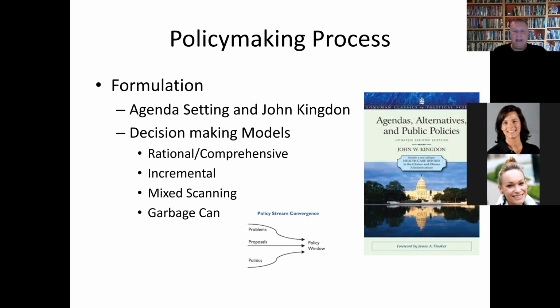And Kingdon kind of likened it to a primordial soup. And so you've got this primordial soup out there of all these different types of issues that are kind of floating around. How an issue then crawls out of that primordial soup and makes it onto the official agenda of a decision-making body, usually what happens is you have some type of a triggering event.